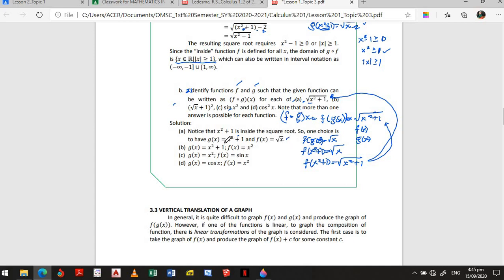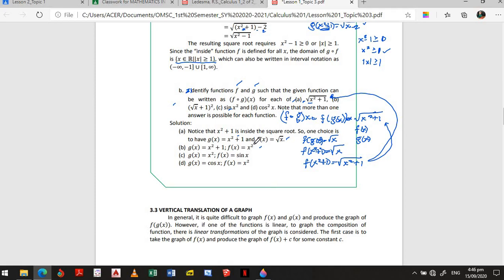But g of x is x squared plus 1. Then substitute that x squared plus 1 into our square root of x, and it becomes square root of x squared plus 1.